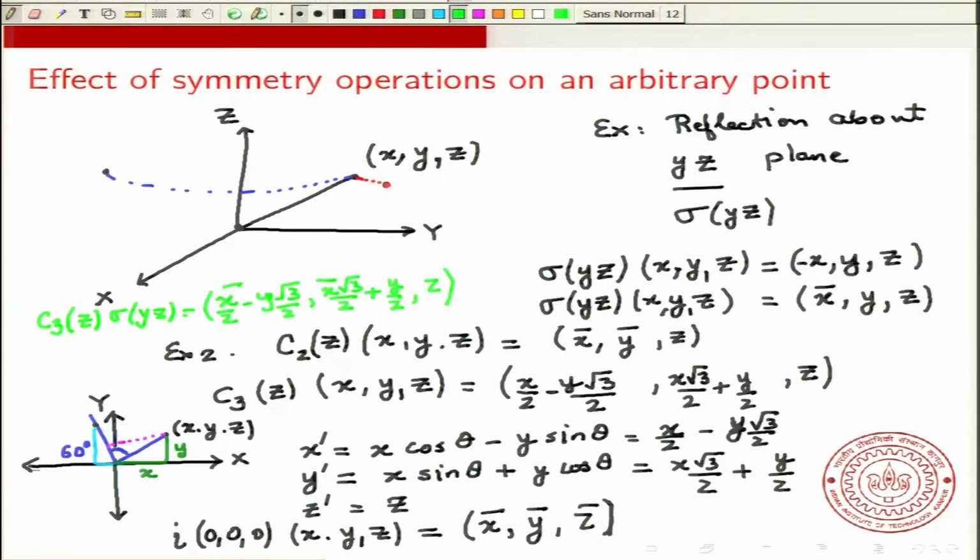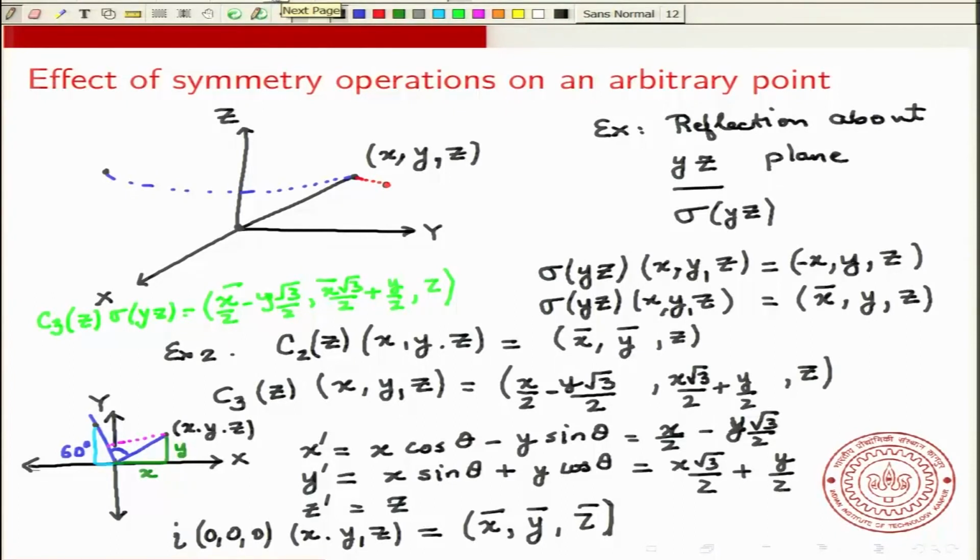The only difference from the C3 operation was that you replaced x by x bar, and that is a consequence of this sigma yz. So, basically you can easily combine symmetry operations, and you can find the effect of this combination of symmetry operations.